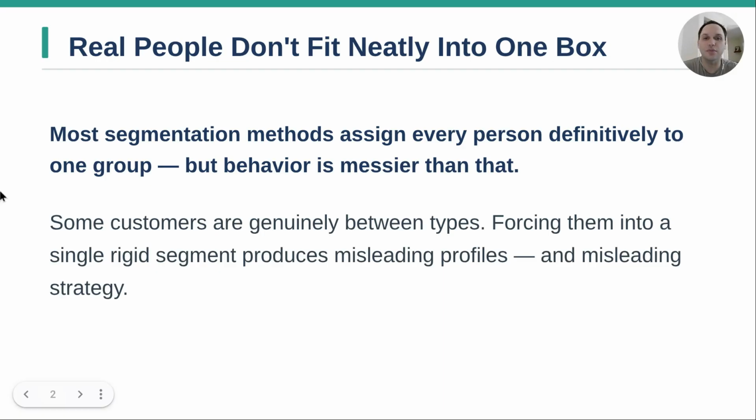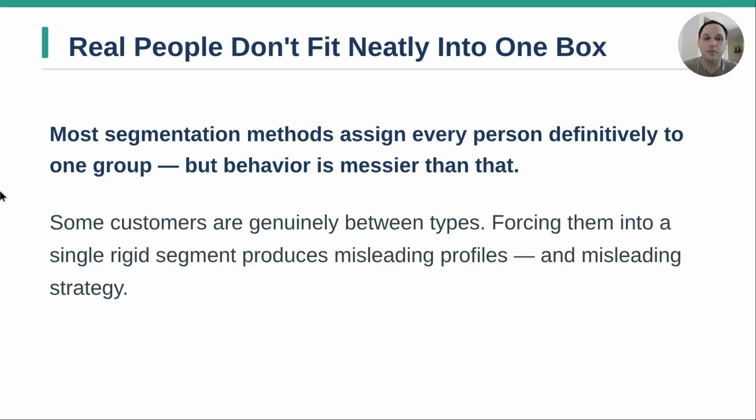Let's start with the problem it solves. Here's an honest truth about segmentation that most methods quietly ignore. Real people don't fit neatly into one box. A customer who buys plant-based milk weekly, sticks mostly to one brand, but occasionally experiments with a competitor, isn't definitively a loyal buyer or a switcher. They're somewhere in between.